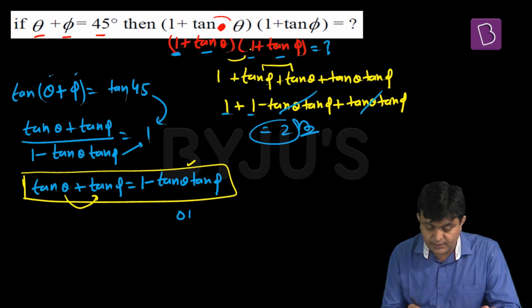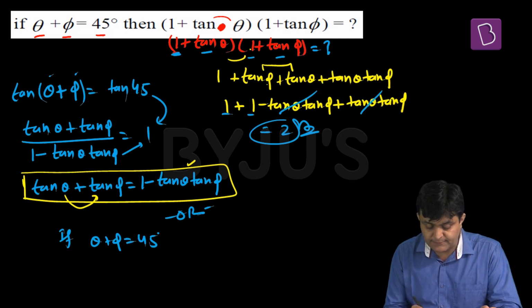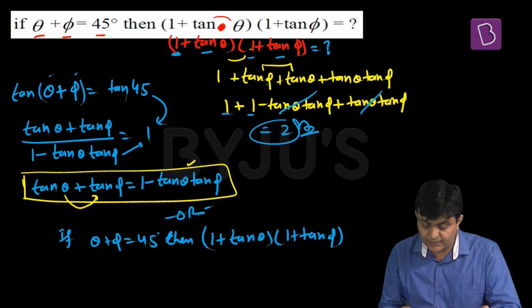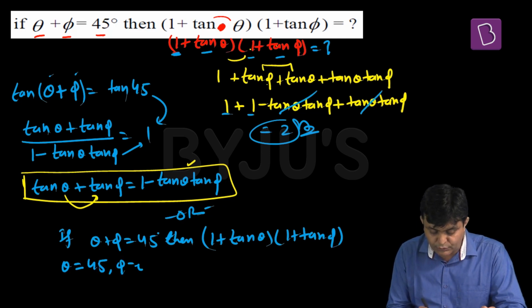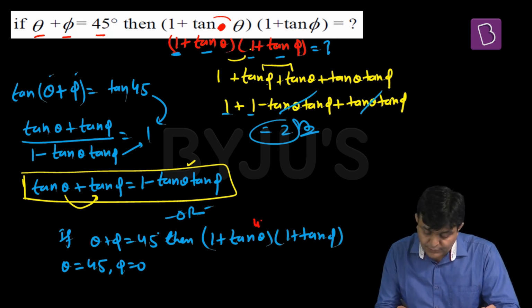Finally, let's see our part. Theta plus phi, we are given that theta plus phi is 45 degree. Then we have to find 1 plus tan theta bracket 1 plus tan phi. So if we put theta is equal to 45 comma phi is equal to 0, so theta is 45 and phi is 0.